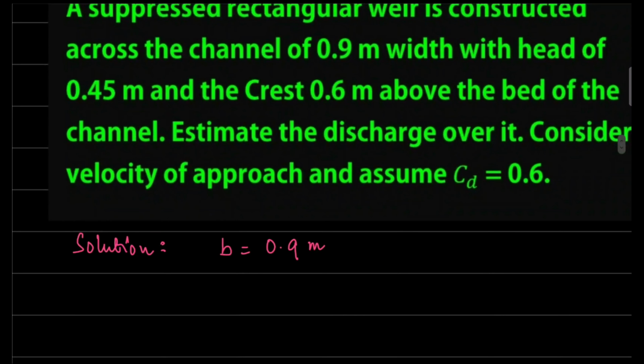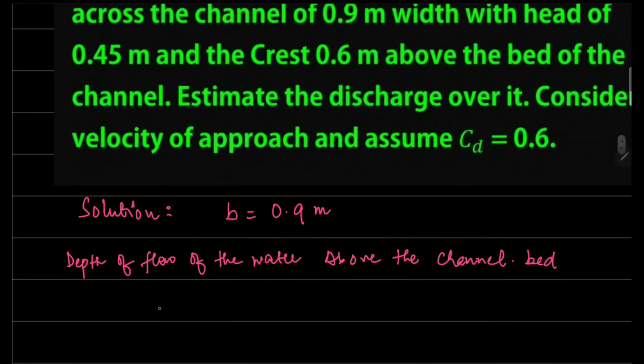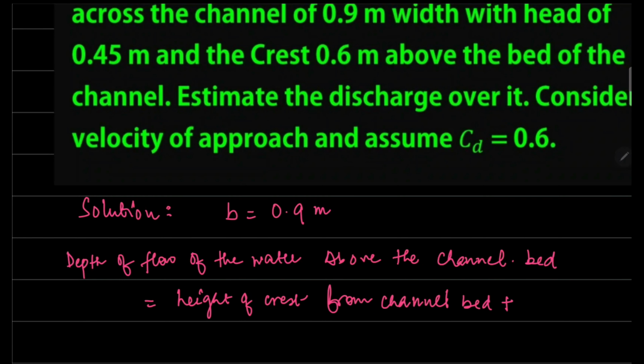So the depth of flow of the water above the channel bed will be equal to the height of the crest from the channel bed plus head of the water over the weir.